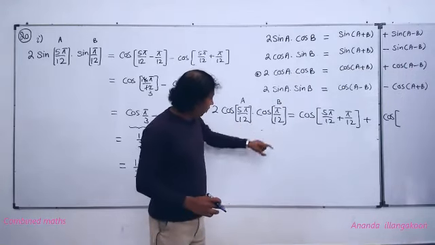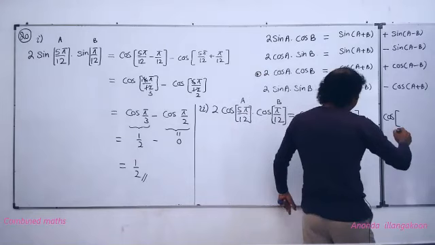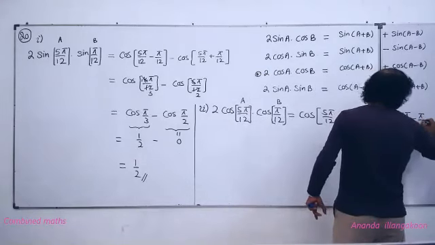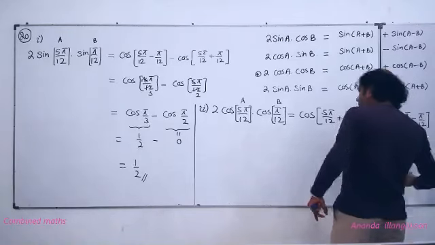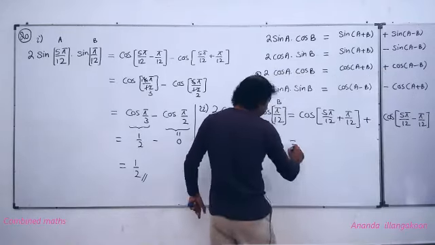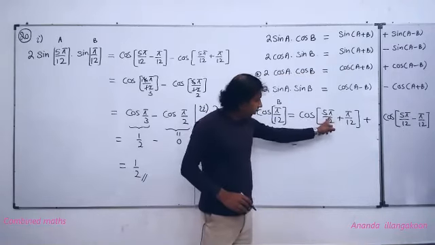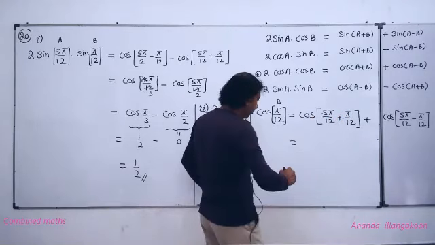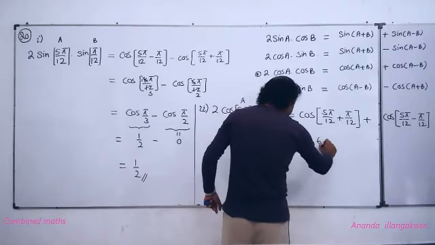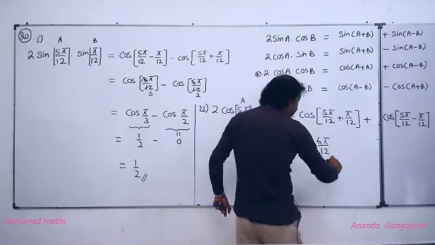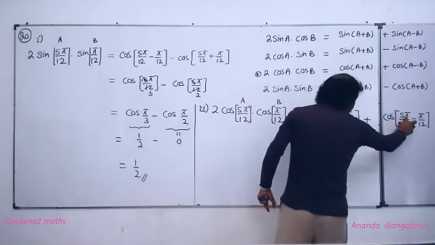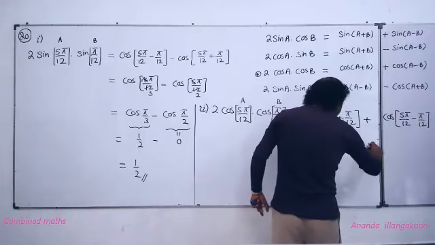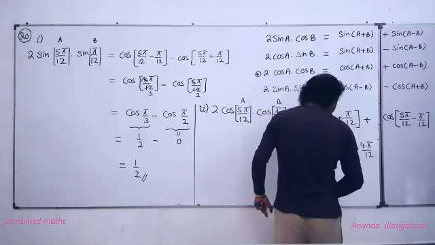A minus B: 5 pi by 12 minus pi by 12. Here, 5 pi plus pi is 6 pi, 6 pi by 12. Cos 6 pi by 12. Plus here, 5 pi minus pi is 4 pi. Cos 4 pi by 12 coming.